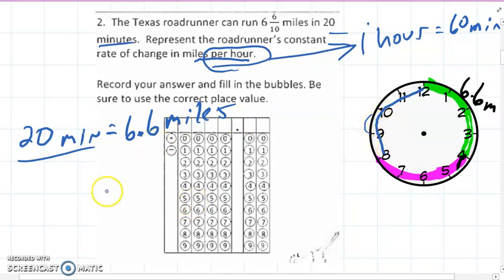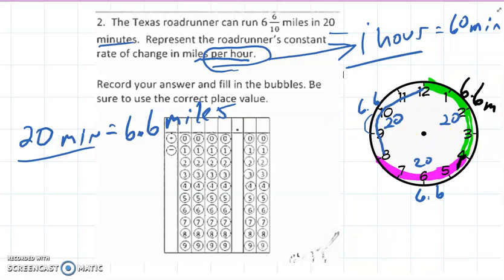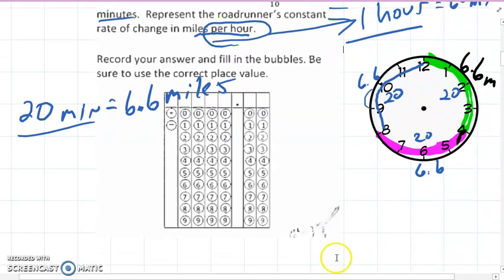So think there, okay, 6.6 here, another 6.6 here, because this is 20 minutes, 20 minutes, 20 minutes. So then in 1 hour, what's the total distance he would have traveled? Okay, number 3.